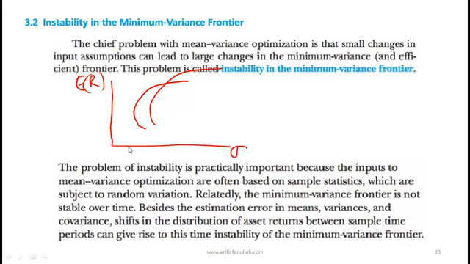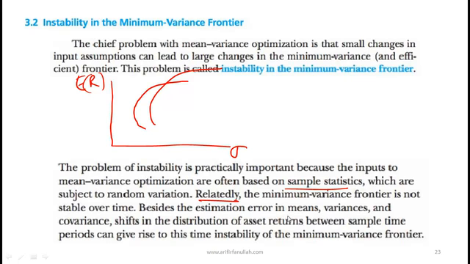Okay. The problem of instability is practically important because the inputs to the mean variance optimization are often based on sample statistics, which are subject to random variation. Relatedly, the minimum variance frontier is not stable over time.